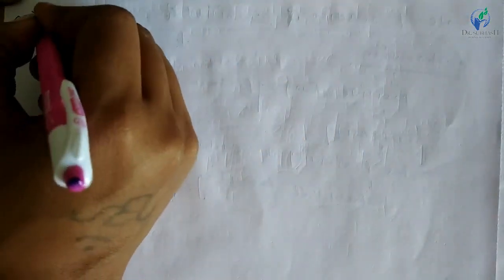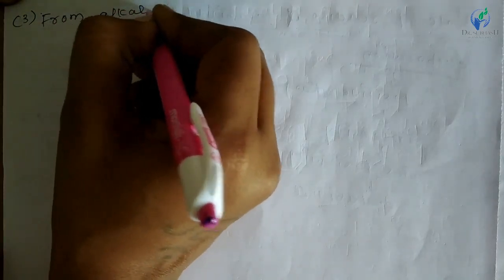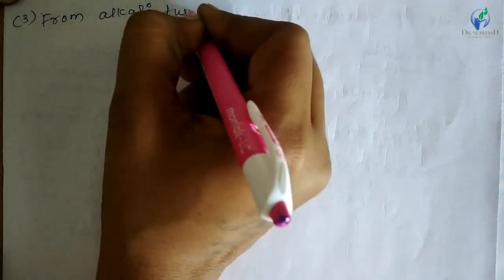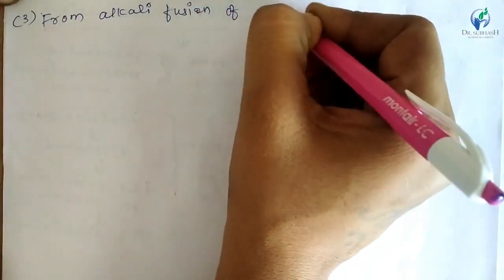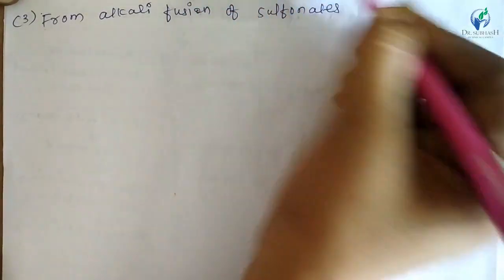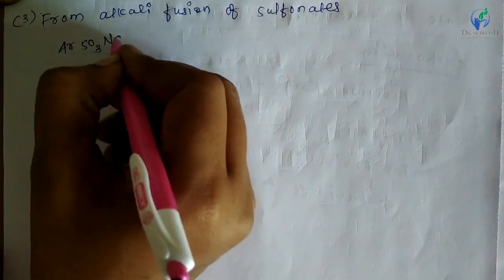The third method of preparation is from alkali fusion of sulfonates. Now, the sodium salt of aromatic sulfonic acid, that is ArSO3Na.